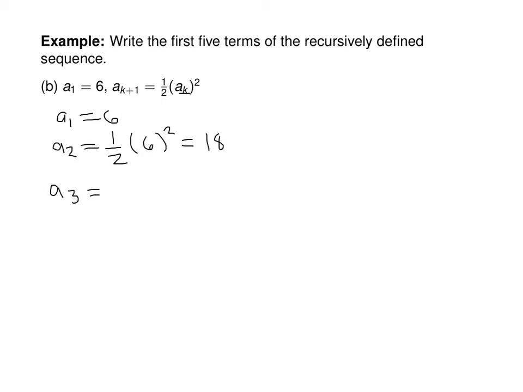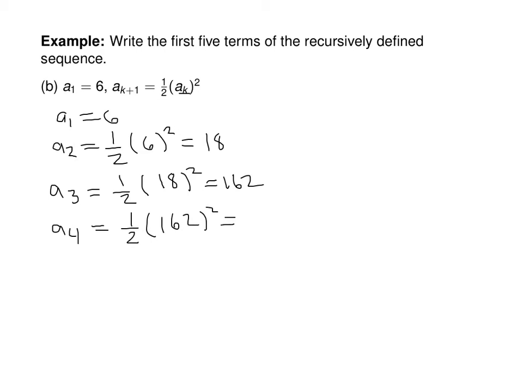A sub 3 will be given by 1/2 of 18 squared, which is 162. A sub 4 will be 1/2 of 162 squared, which is 13,122. And these get large rather quickly.